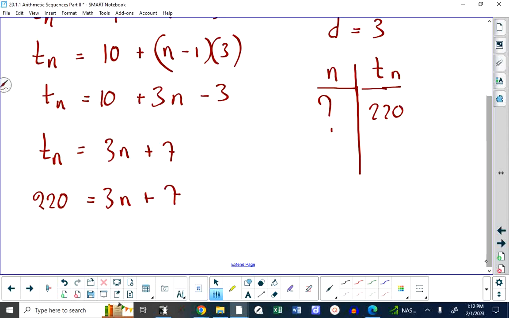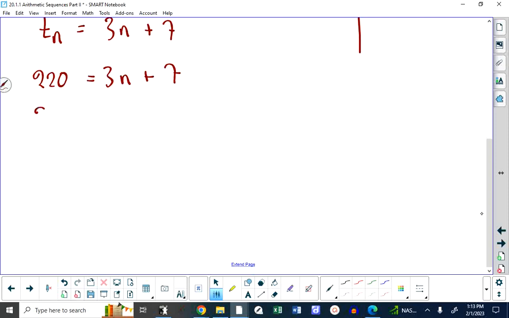It's a simple linear equation where you have to subtract 7 and then divide by 3. And I believe you're going to get 71. So I subtract 7 from both sides. I divide both sides by 3, and I get 71.